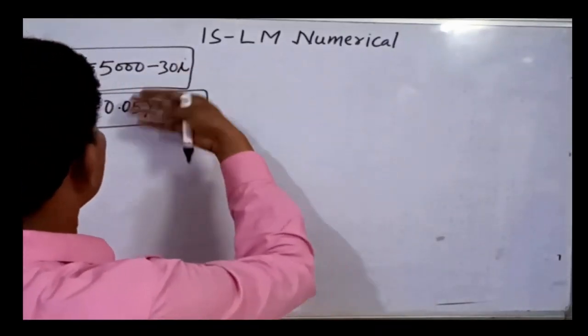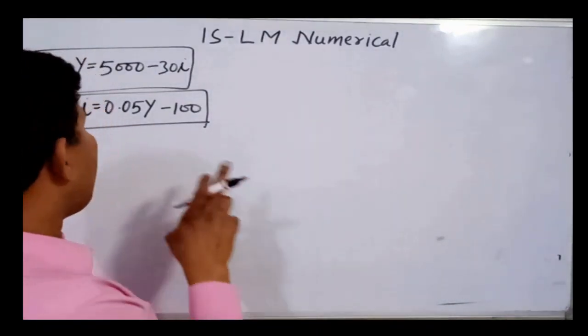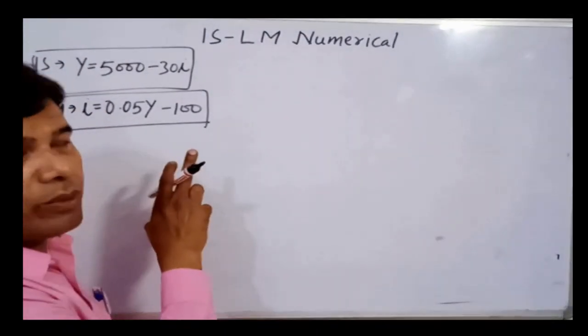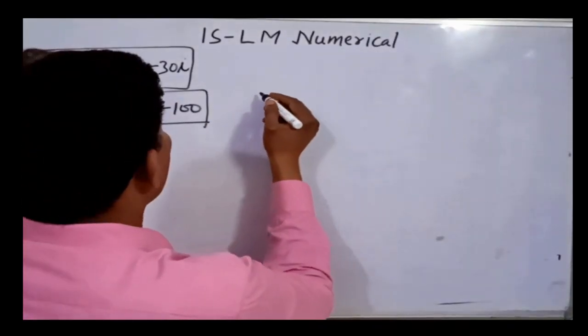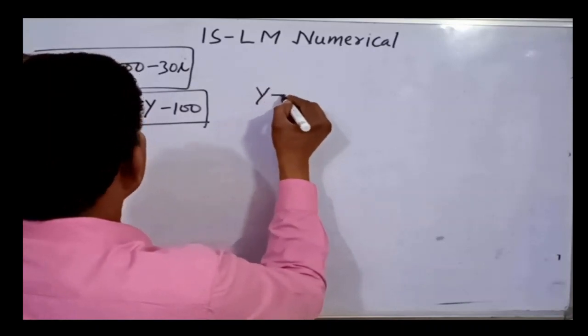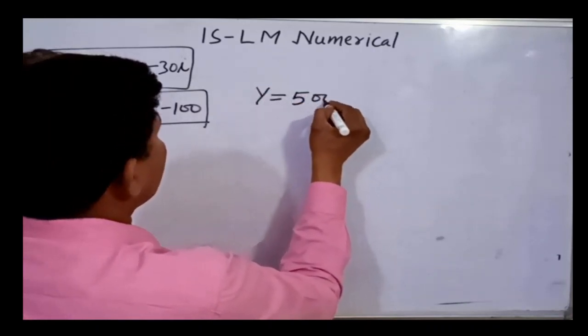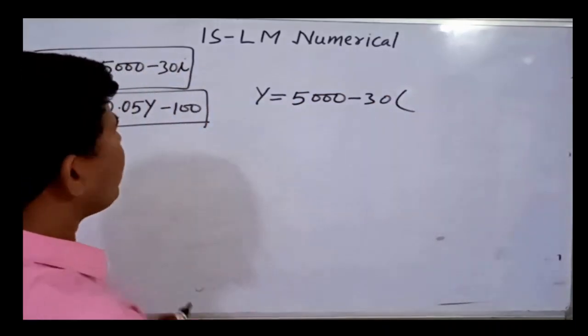So how do you take these equations? We substitute the value of interest rate from the LM equation into the IS equation. So what do we get? We get Y is equal to 5,000 minus 30 times the interest rate. What is the value of the interest rate?